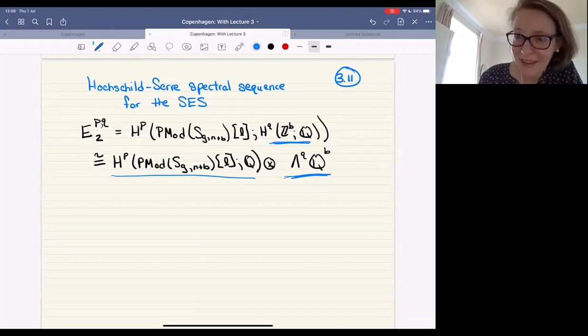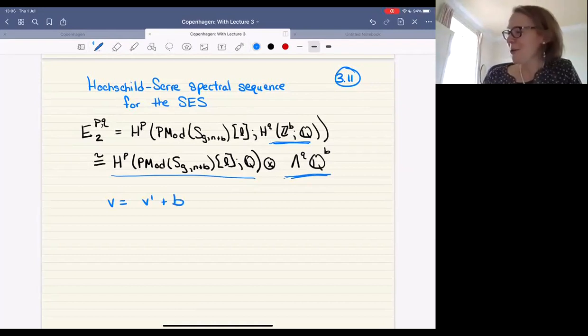It's just V equals V prime plus B. Awesome. Thank you, Peter. Okay, so that was the easy part. So remember, this is the VCD in the SGNB case, and this is the VCD in the case where we had SGN plus B 0.